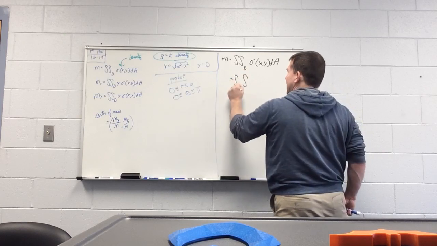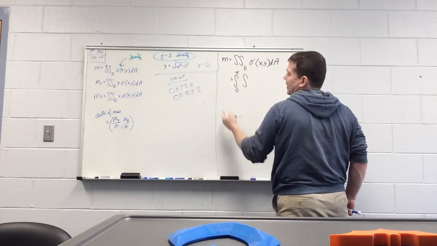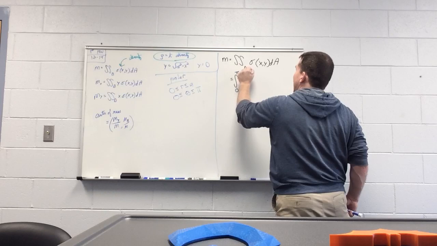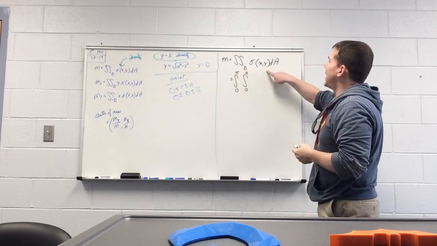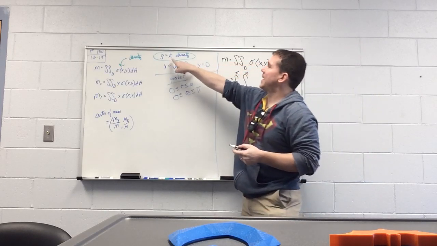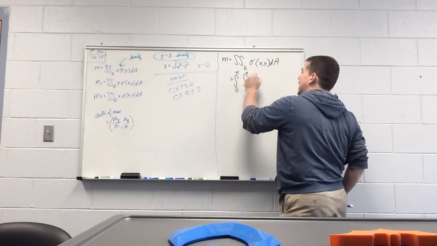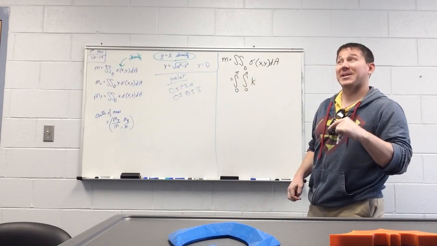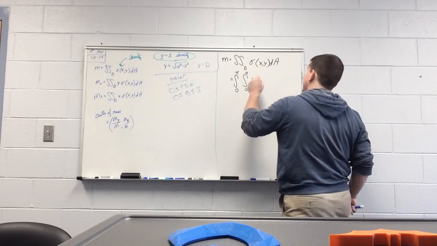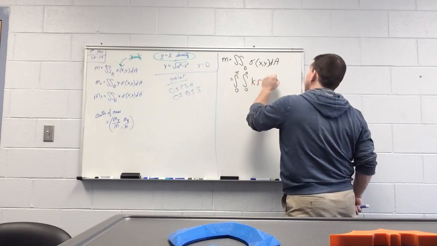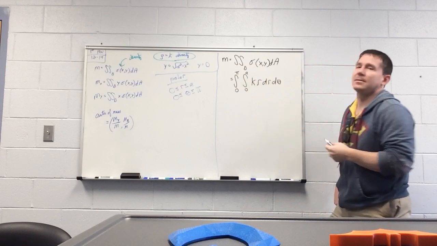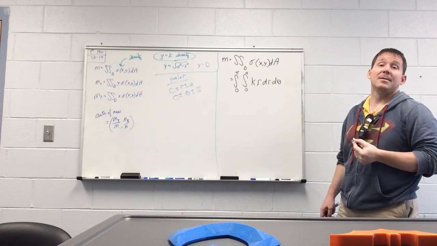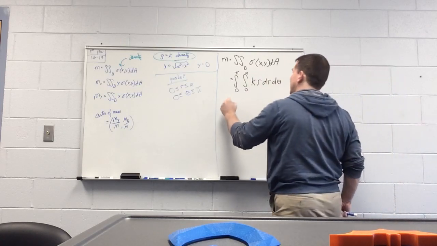And let's see, theta is going to go from 0 to pi. r is going to go from 0 to A. Sigma(x,y), that's just my density function, which is a constant k. But I remember, since I converted from rectangular to polar, I have the conversion factor. It's actually k r dr d theta. Don't forget the r.